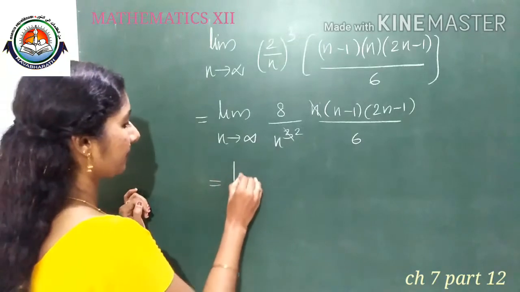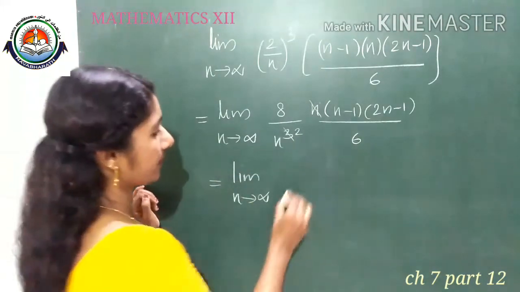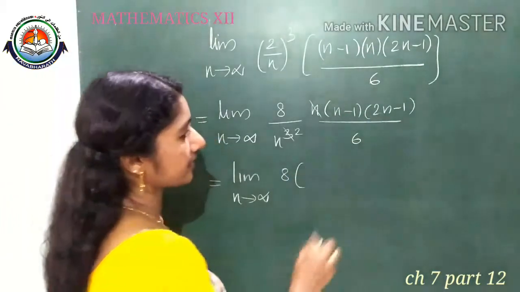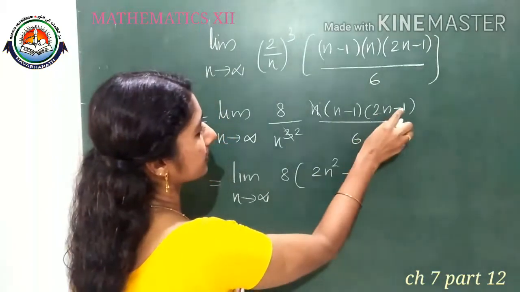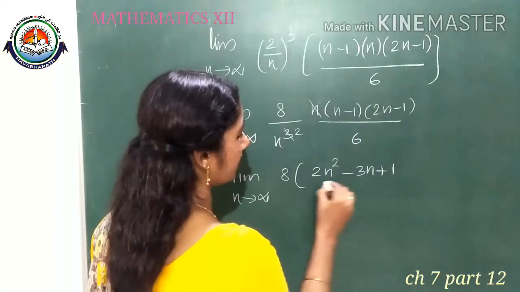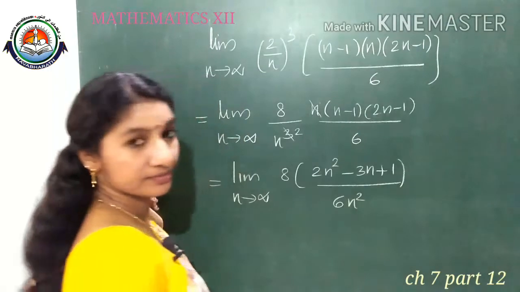So it will come limit n tends to infinity 8 into, expand the bracket, 2n square minus 3n plus 1, into 1 divided by 6n square.